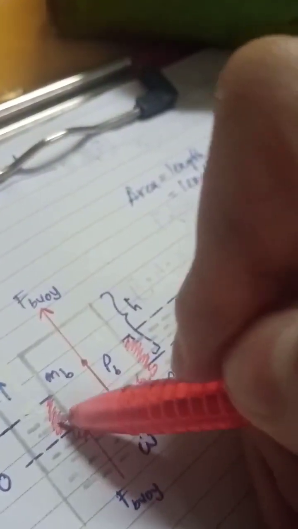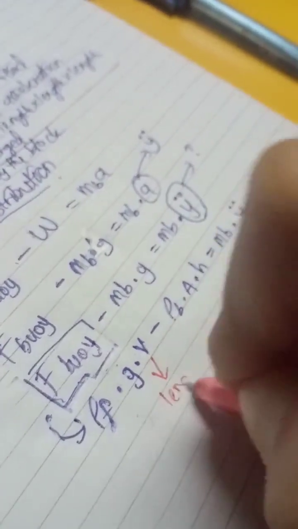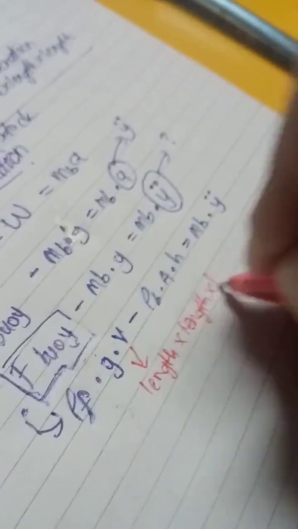This right here is how much volume of fluid has been displaced by the block. As you can see, we don't know how much volume has been submerged by the block, right? So here we break down the volume as length times length times length.